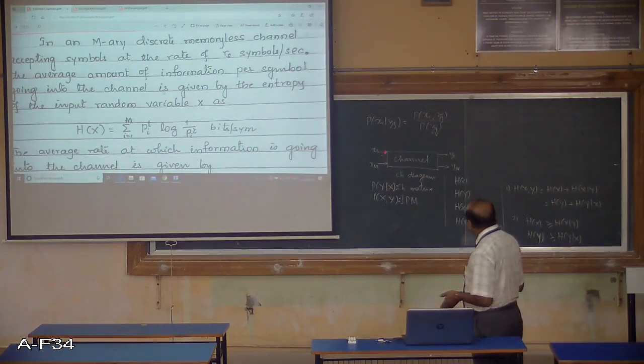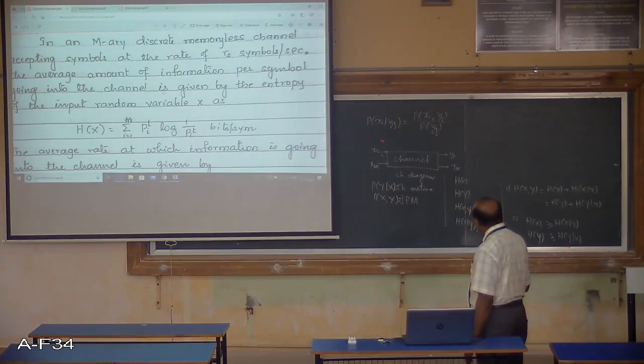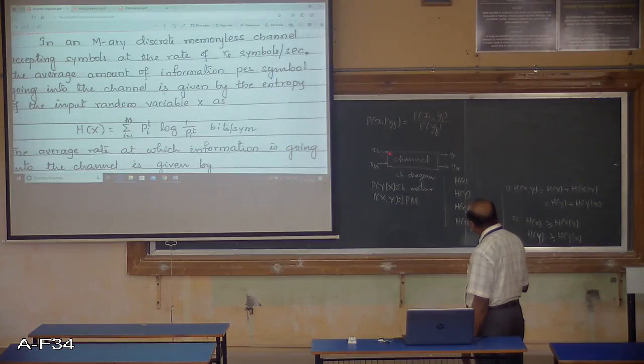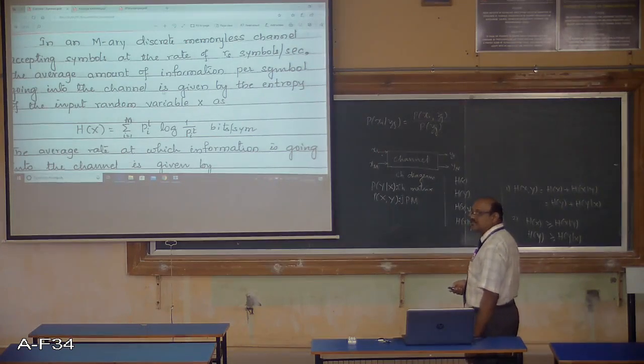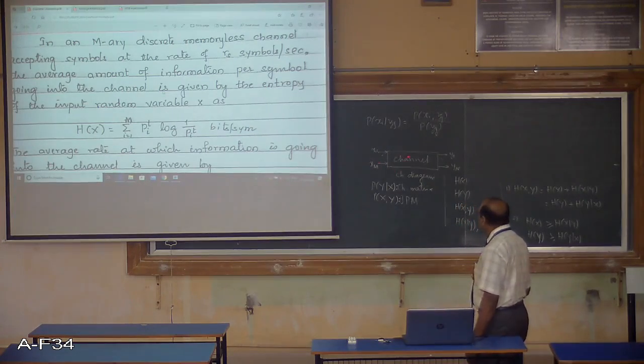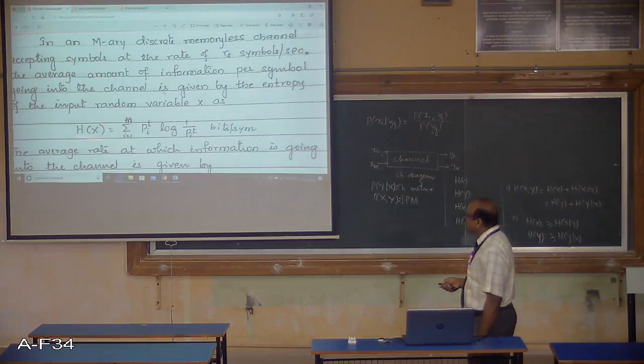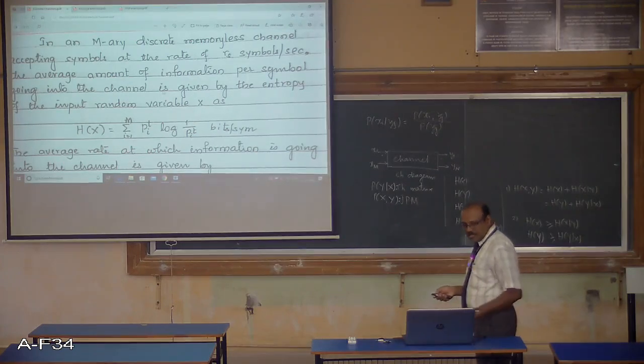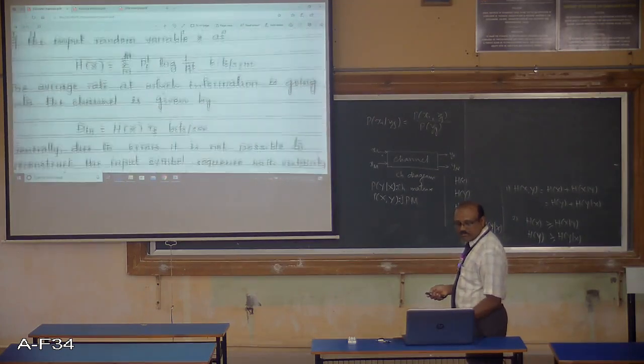When we calculate H of X of these input symbols, on an average, how much information is going into the channel is available with H of X. The average information per symbol going into the channel is given by H of X, and this H of X, if multiplied by the rate per symbol, that is what we call the symbol rate, Rs.